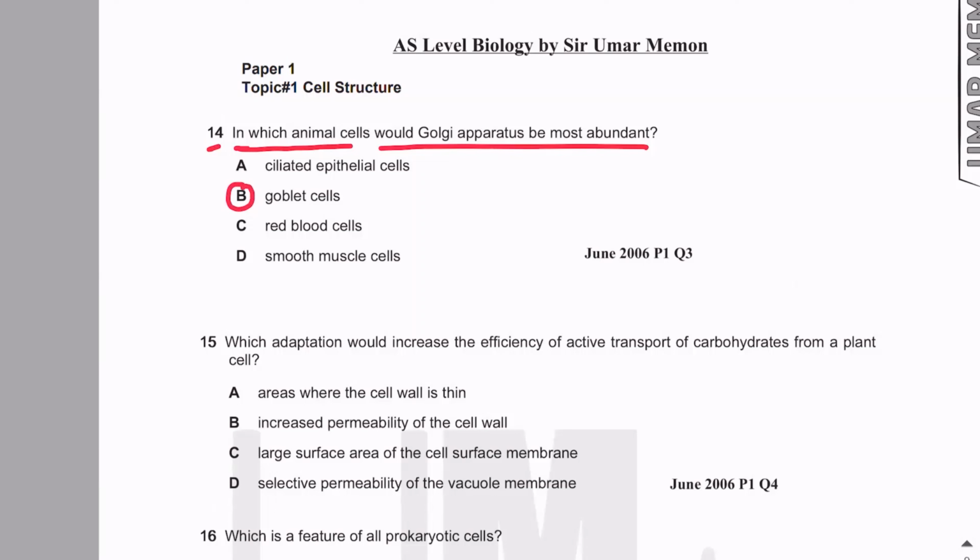Yeah, I think it's B. No, sir. B for ball. Okay, good. Right. So goblet cells secrete mucus, and mucus contains glycoproteins. So for the synthesis and packaging of glycoproteins, Golgi apparatus are required, right? That's why Golgi apparatus will be most abundant in the goblet cells.